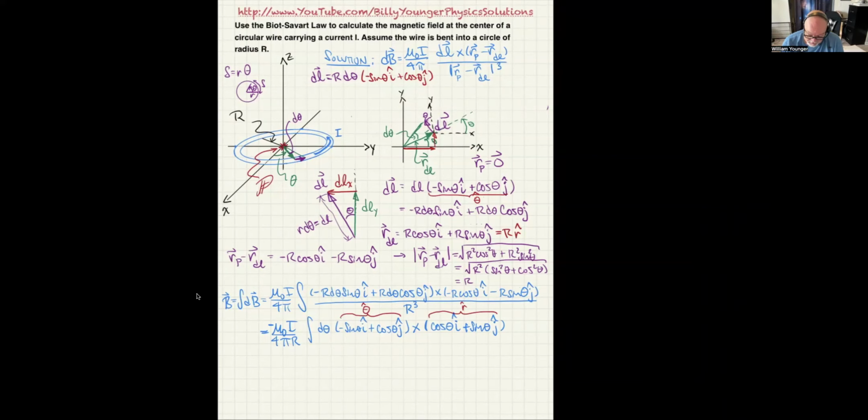That means the z-axis should be pointing out of the page, just like my right thumb was. So we actually expect that theta hat cross r hat is going to give us negative k hat. So now we're going to compute that and see if it's actually the case.